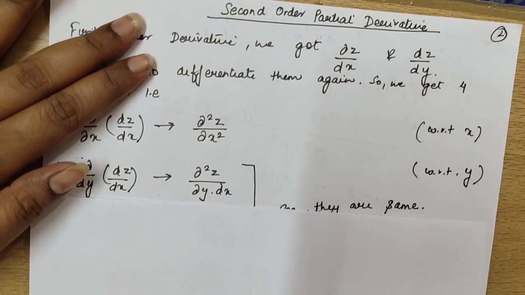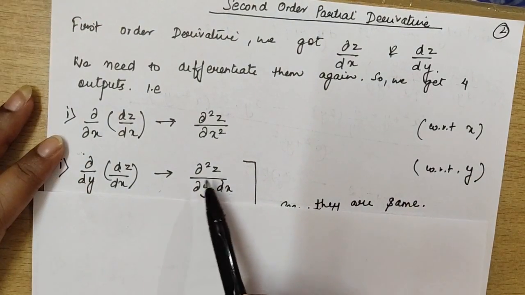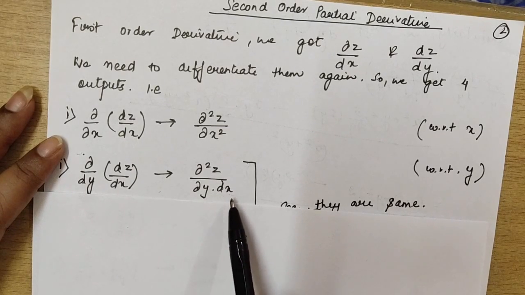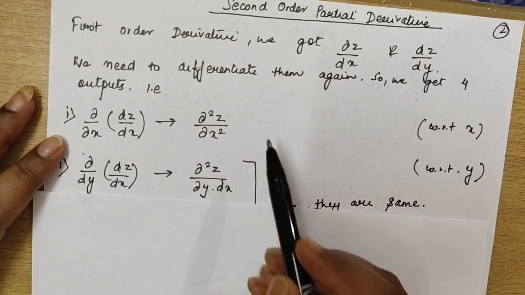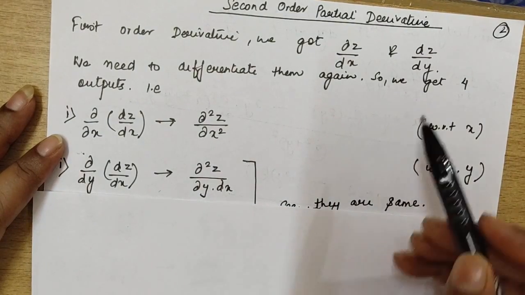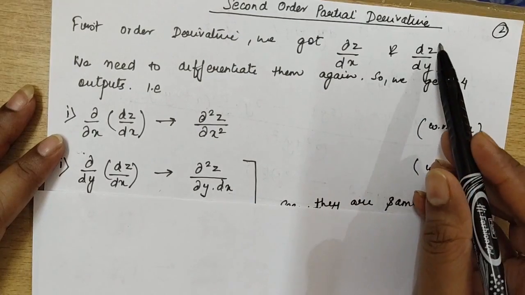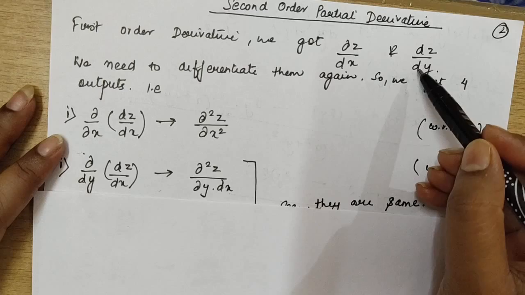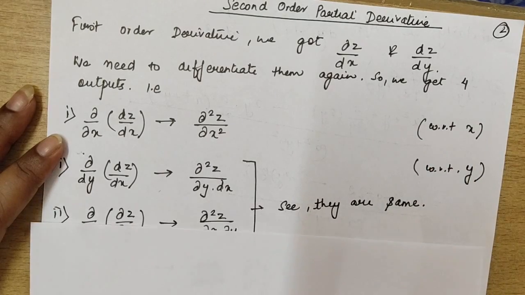Okay? This is delta square z by delta y into delta x. The differentiation for this is complete. But now we need to differentiate this delta z by delta y. This will be differentiated once with respect to x.